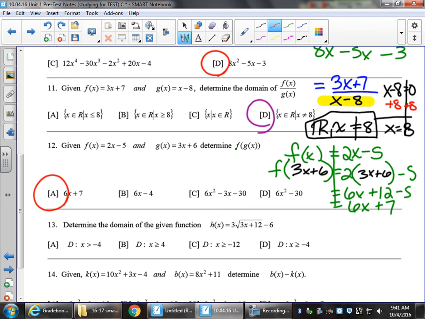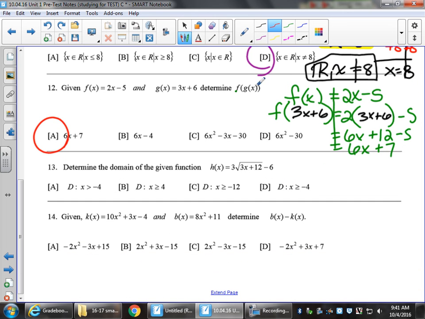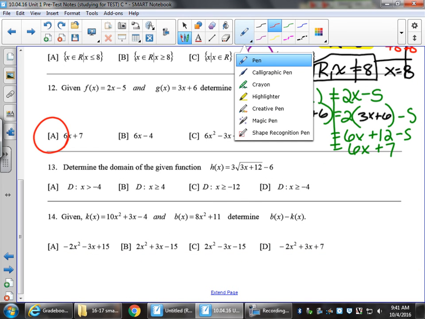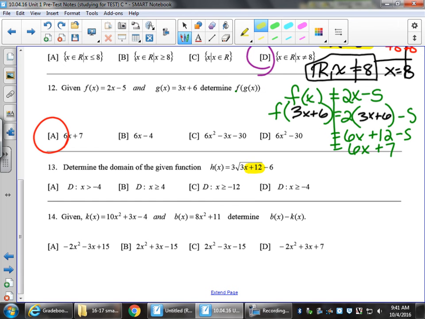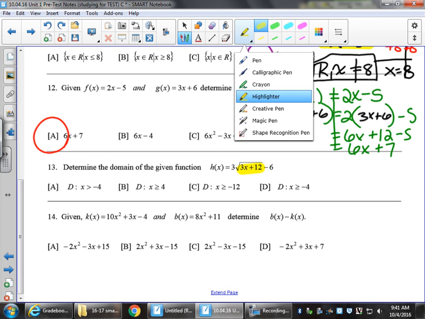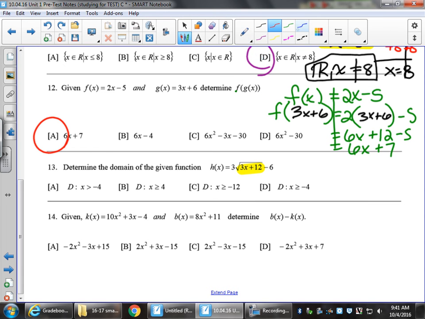13. Very good. So she realizes this is an even root function, so I need to just pay attention to what's underneath the radical. And what inequality did you hear her say? This is where we have greater than or equal to 0. Good job. We're going to subtract 12 from both sides. Bring down the 3x.